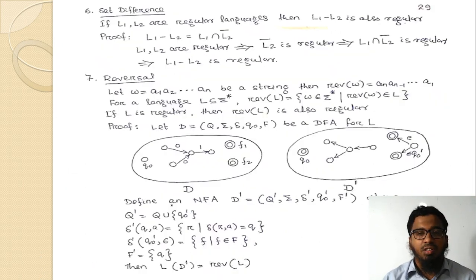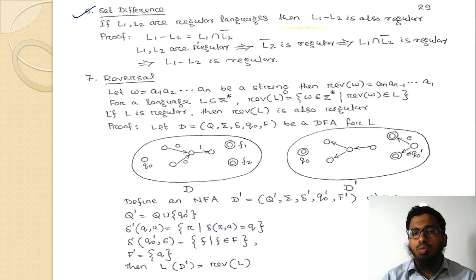Set difference. If L1 and L2 are regular languages, then L1 minus L2 is also regular. It means that if L1 and L2 are regular, then the set difference, or you can say minus, L1 minus L2 is also regular.